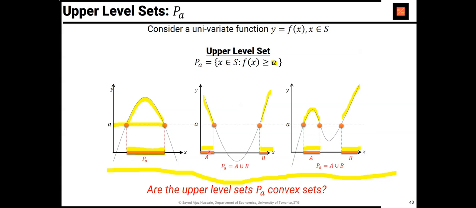But this is not a convex set because right now the upper level set is a union of this segment A and B. If I choose a point in this segment, and a different point over here, some weighted averages of those 2 points are going to be outside the upper level set. So this upper level set is not a convex set. Neither is this upper level set.